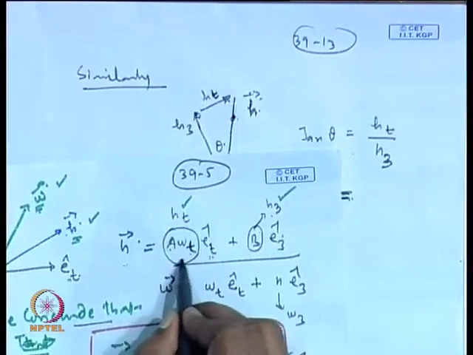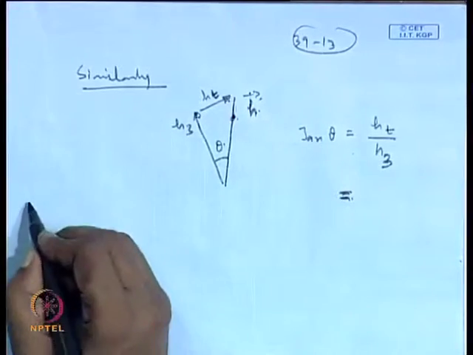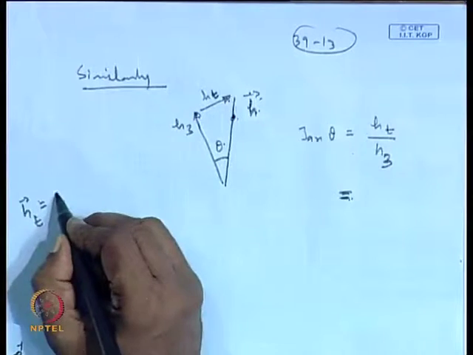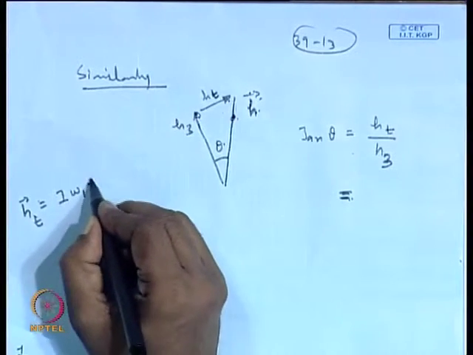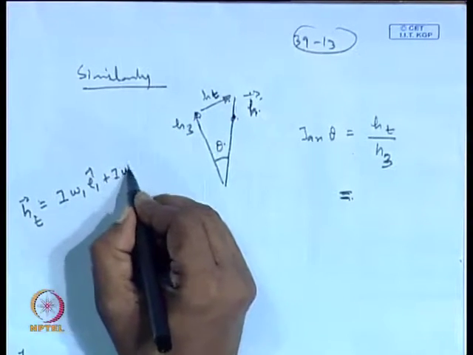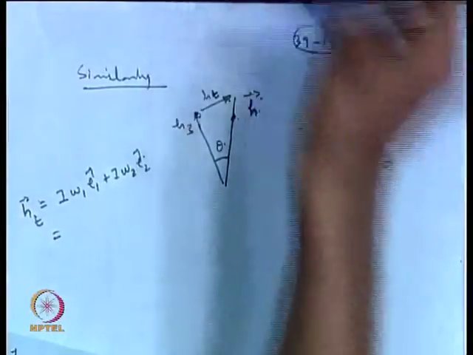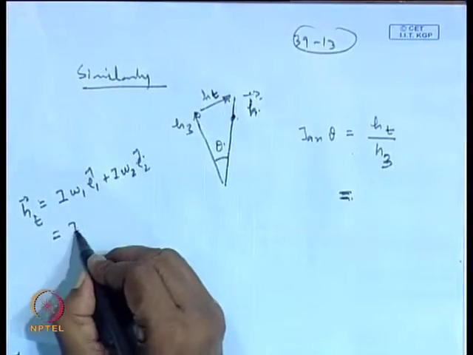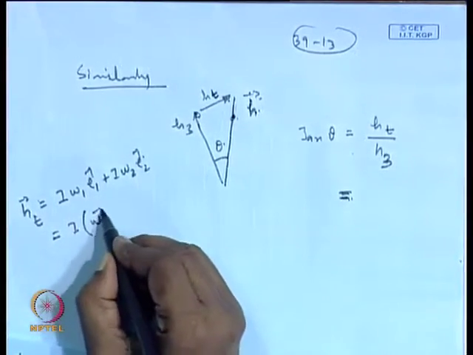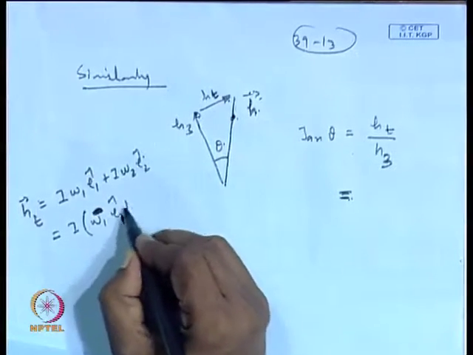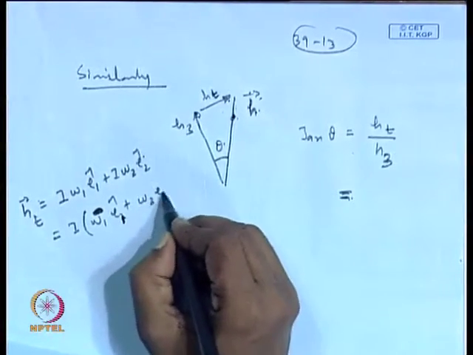Okay. So, we can indicate this, see the h t part, this was basically your I times omega 1 E 1 cap plus I times omega 2 E 2 cap, if you remember, okay, what we have done here in this place. Okay. So, taking I outside, this is omega 1 times E 1 cap plus omega 2 times E 2 cap.